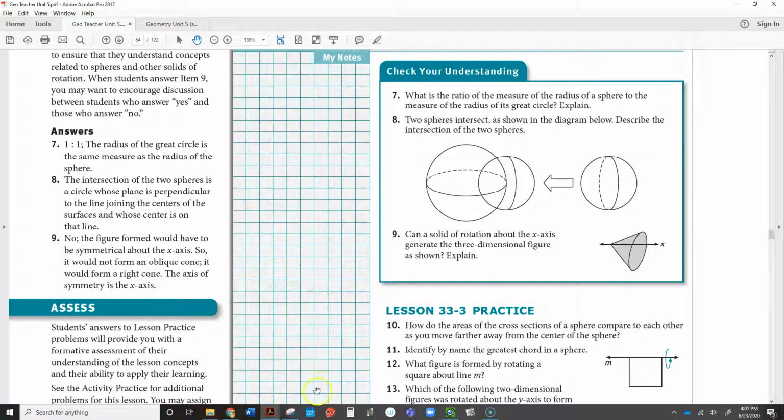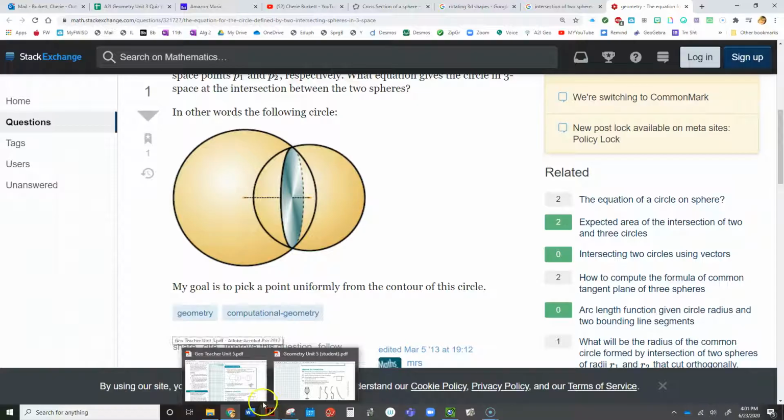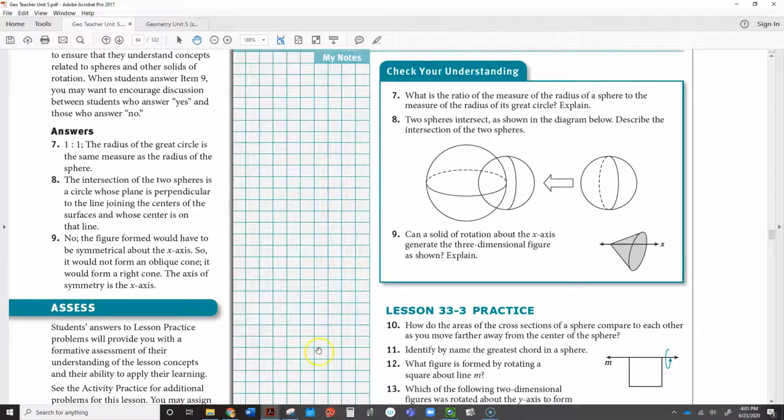So they're talking about the circle itself. This silver circle right here is perpendicular to that line where the centers are connected, and it also passes through the center of that circle. I don't think you have to worry about knowing that for the final exam, but they do want you exposed.